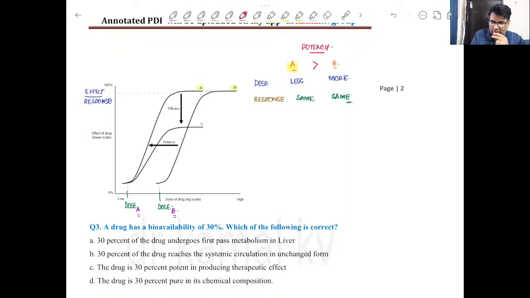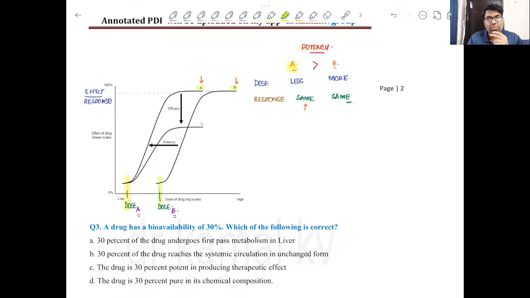So in potency, what do we need to check? We need to check the dose of the drug which is needed to produce the effect. Here both drug A and drug B are producing the same amount of effect. So the response is the same, but the dose of drug A is far less than the dose of drug B which is needed to produce this response.